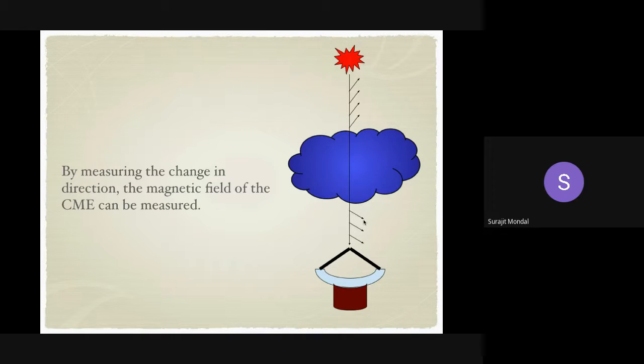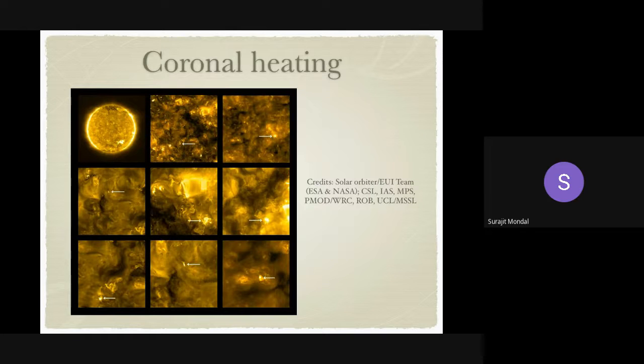Now, I will briefly talk about a very interesting development about coronal heating. This development came from data taken by Solar Orbiter. You probably have heard of the Solar Orbiter. It is an instrument which has been launched very recently, and it will go outside the ecliptic plane.